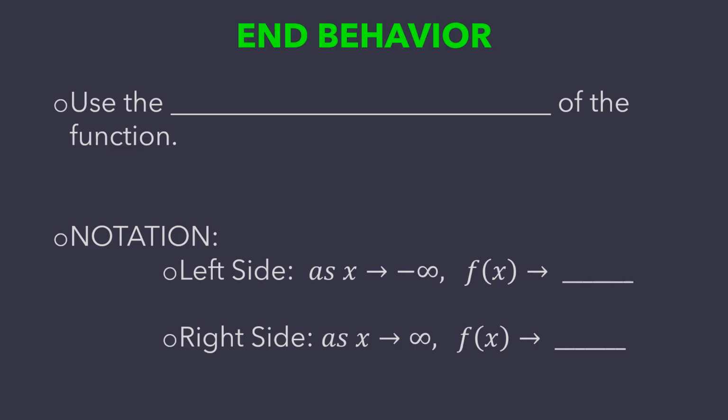The last topic for this particular lesson is the end behavior of rational functions which are in transformational form. We're going to use the value of the horizontal asymptote of the function, y equals k, in order to determine what y value the function approaches on the very far left as x approaches -infinity, and on the very far right as x approaches positive infinity.